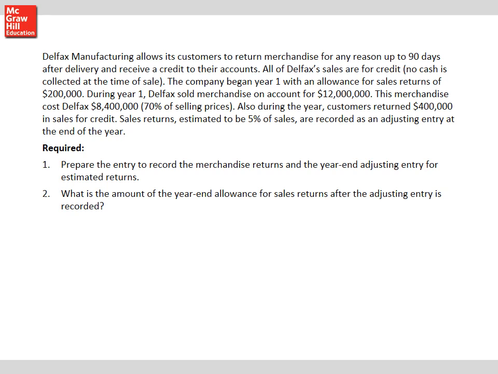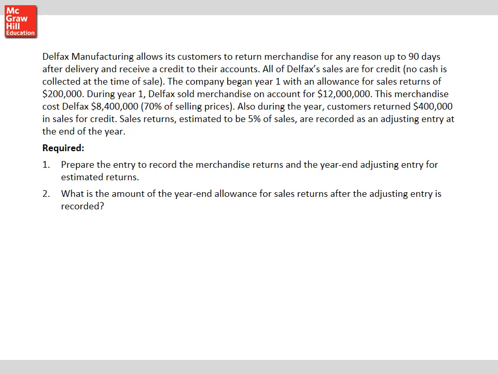The company began year 1 with an allowance for sales returns of $200,000. During the year, Delphax sold merchandise on account for $12 million. This merchandise cost Delphax $8,400,000, or 70% of their selling prices. Also during the year, customers returned $400,000 in sales for credit.